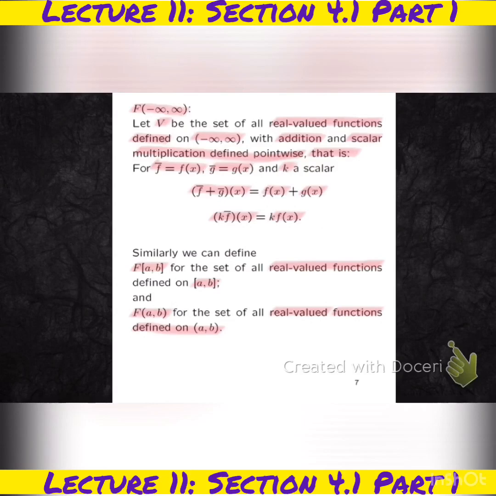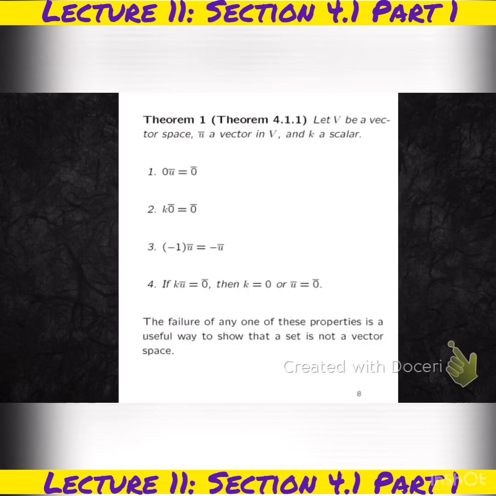So what we're going to be looking at next is Theorem 1, and we've actually done some proofs of properties in Theorem 1. I'll maybe just look at one or two of them. If V is a vector space, and u is a vector in V, and k is a scalar, then the zero scalar multiple of u is the zero vector. k times the zero vector is the zero vector.